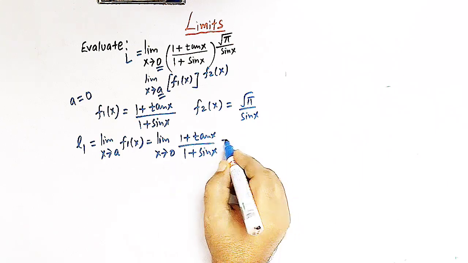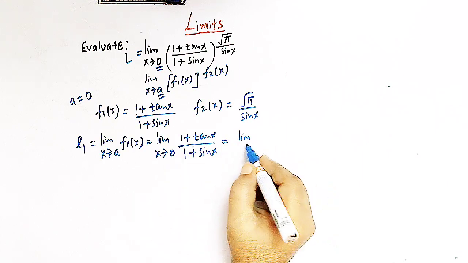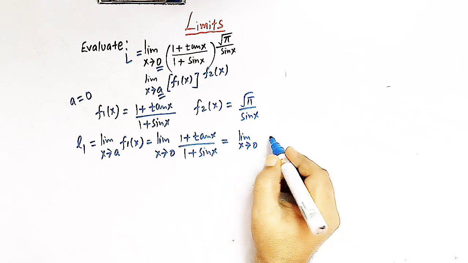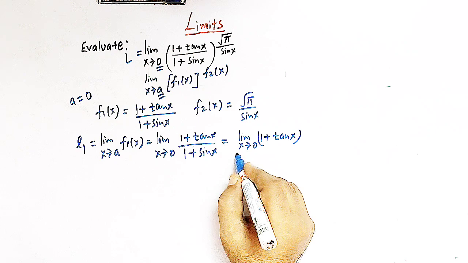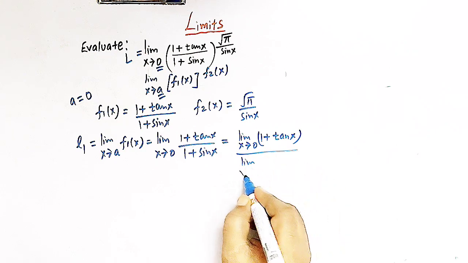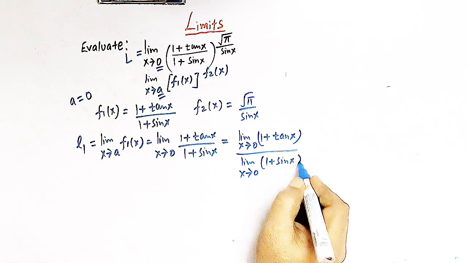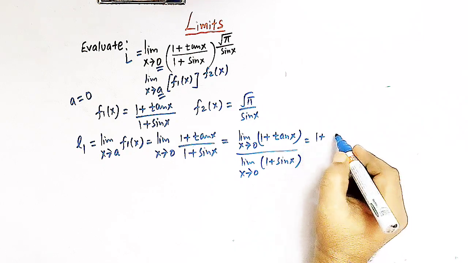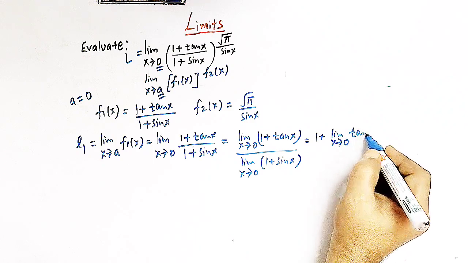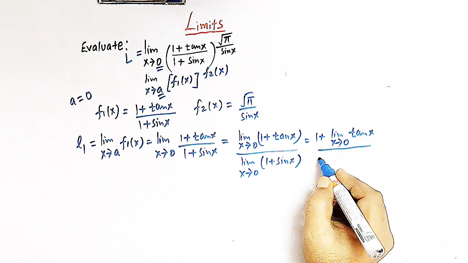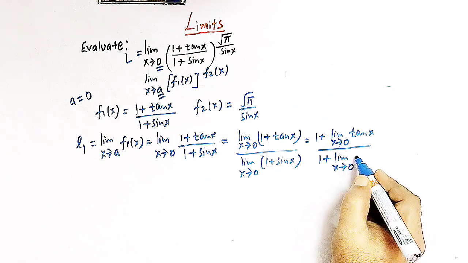So now this limit can easily be evaluated, because we can write limit x tends to 0, 1 plus tan x, and here we have limit x tends to 0, and here we have 1 plus sin x. So now we have 1 plus limit x tends to 0, here we have tan of x, and here we have 1 plus limit x tends to 0, and here we have sin x.